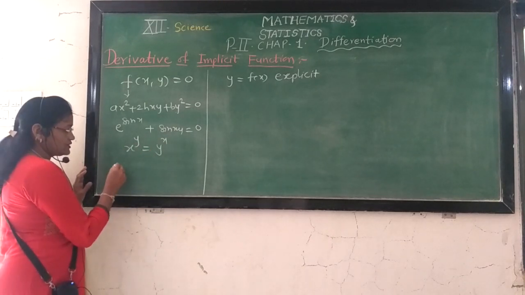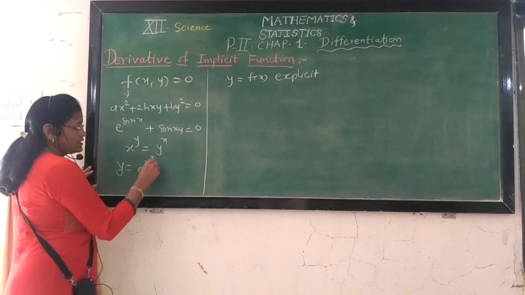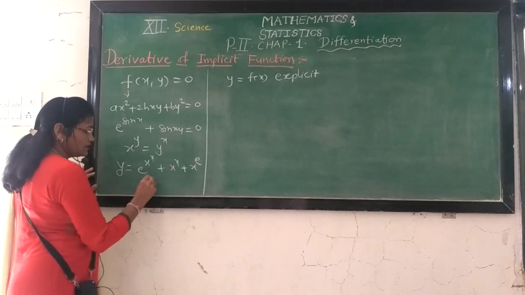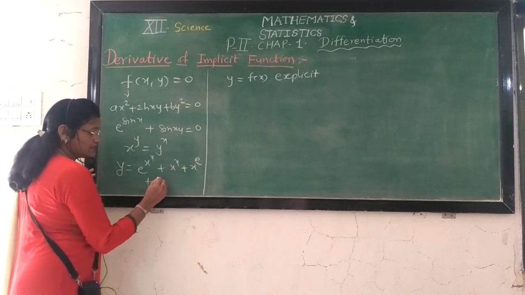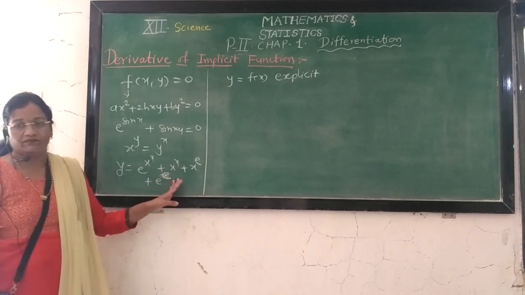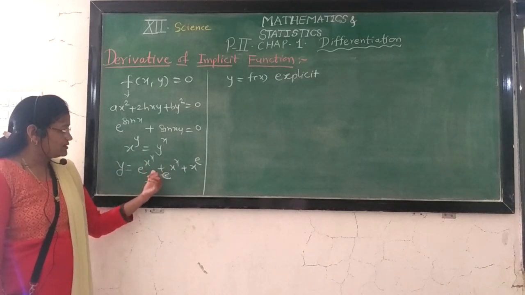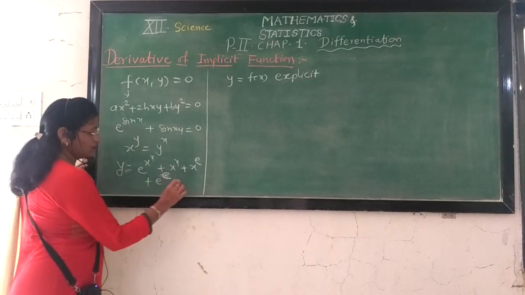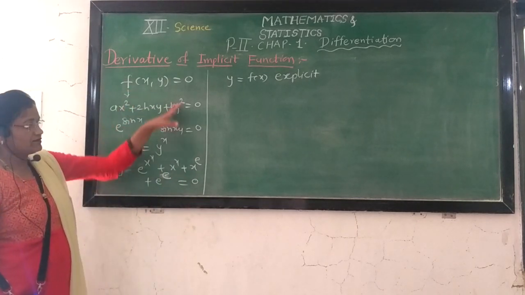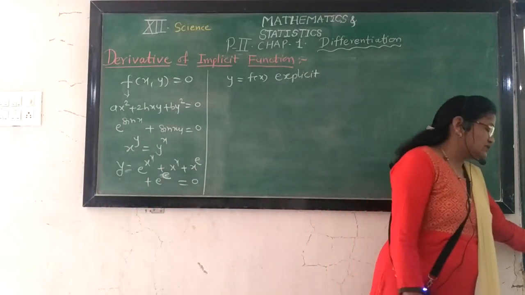Or you may take a function of the form y is equal to e raised to x raised to x, x raised to x, x raised to e, plus a constant, that is e raised to e. So here y is expressed in terms of this, but actually we take y minus 4, and this becomes 0. So this type of function, f of x, y equal to 0, is called an implicit function.